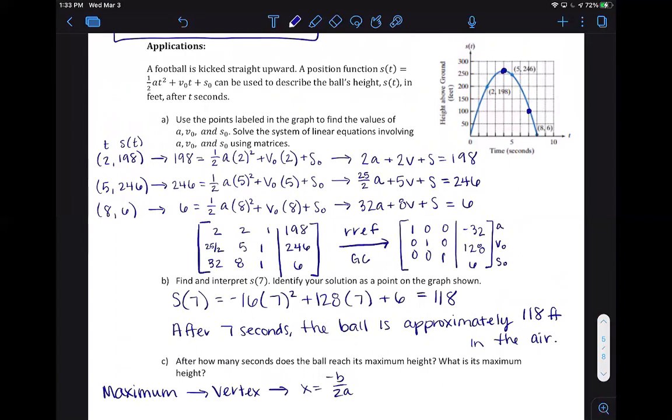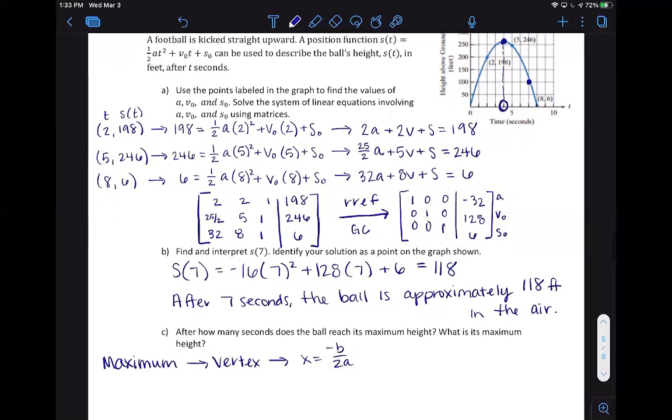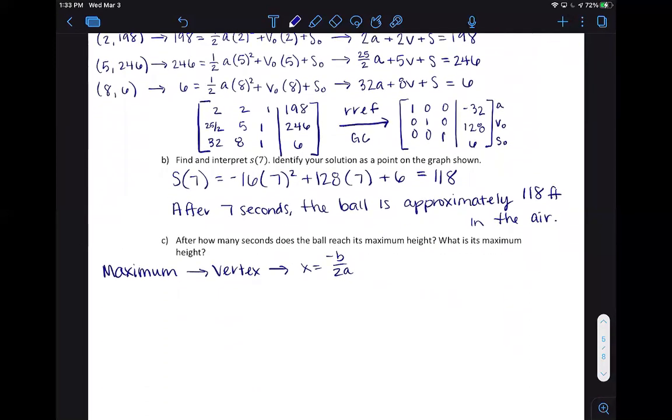What's this t or x value? Anyone? 4. So you can do it either way. So you can either plug this in, negative 246 divided by 2, or we can just say 4 from the graph.